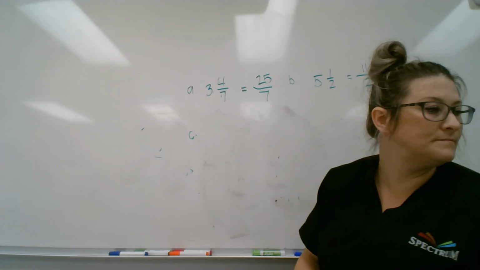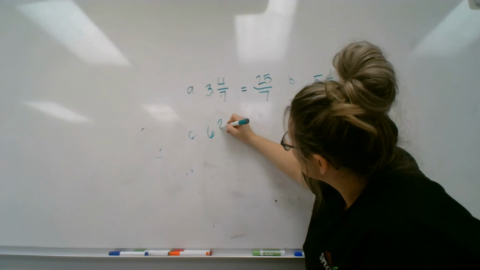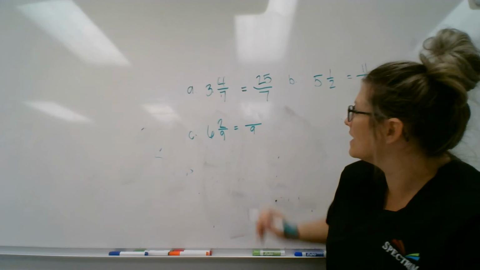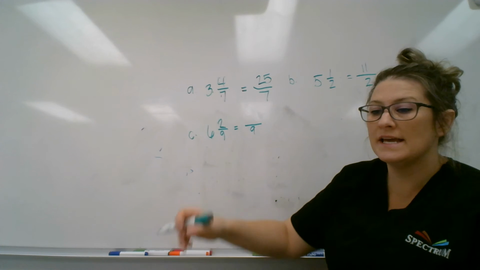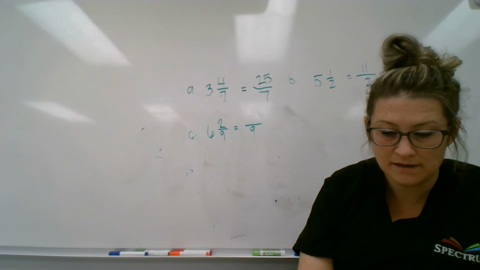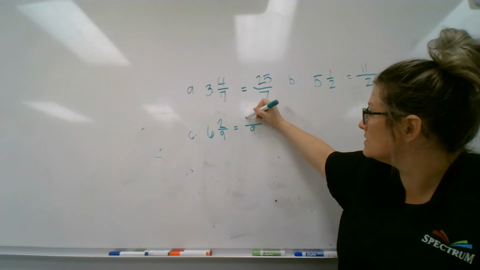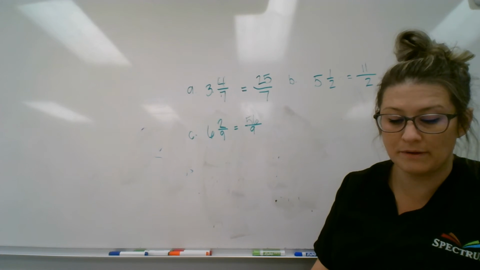Problem C. 6 2/9 is equal to something over 9. To get my top number, 9 times 6 plus 2 is 56. And that's your new improper fraction.